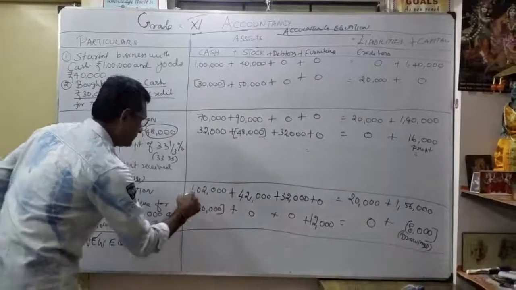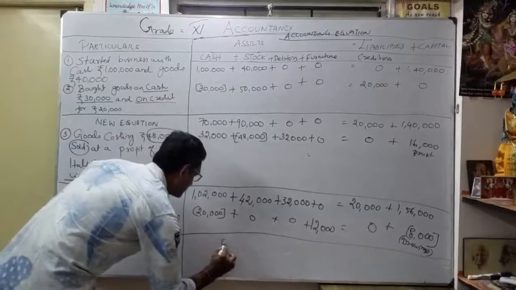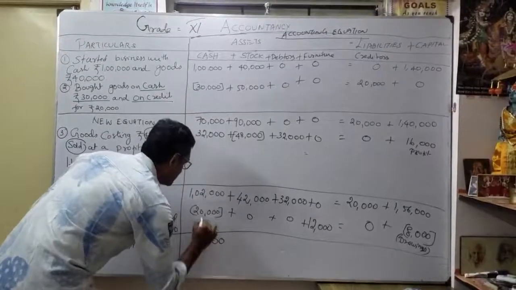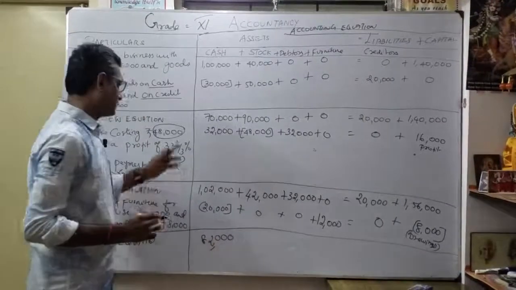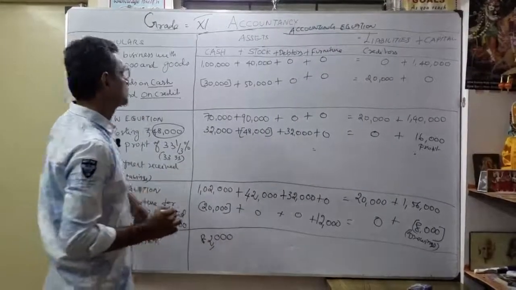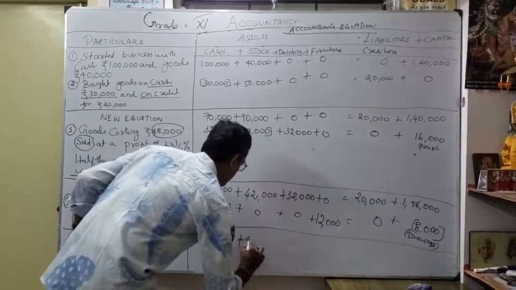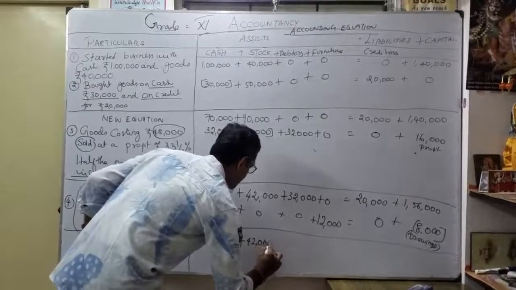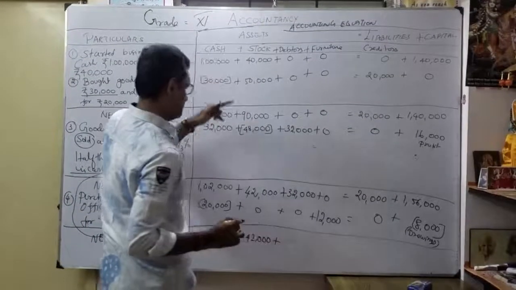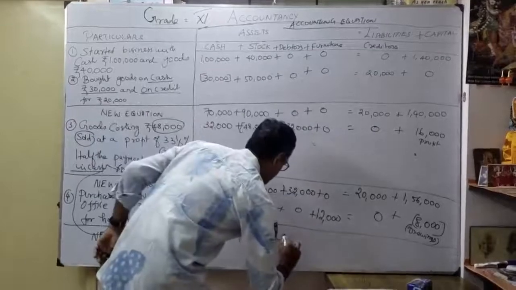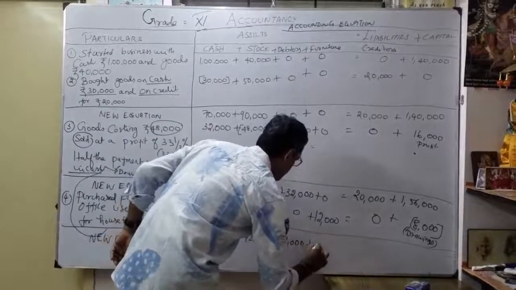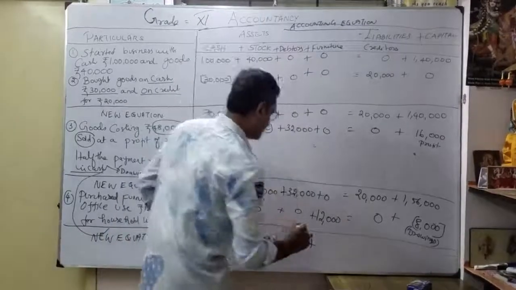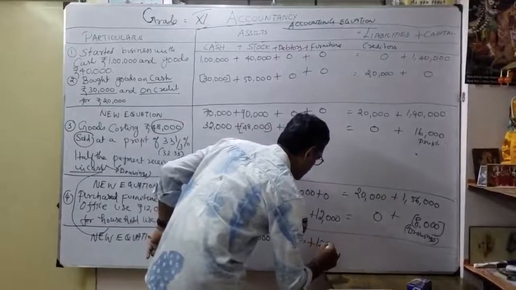New equation. So my 1 lakh 2, here 0, 0, 0. So 10 minus 2, 8. Correct. So my cash becomes now how much? 82,000. My stock still 42,000. Plus my debtors still there, 32,000. Now the new information, furniture we got, how much? 12,000.